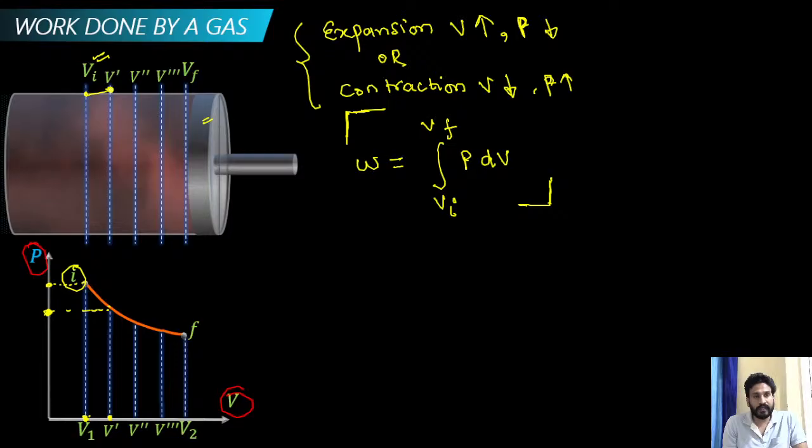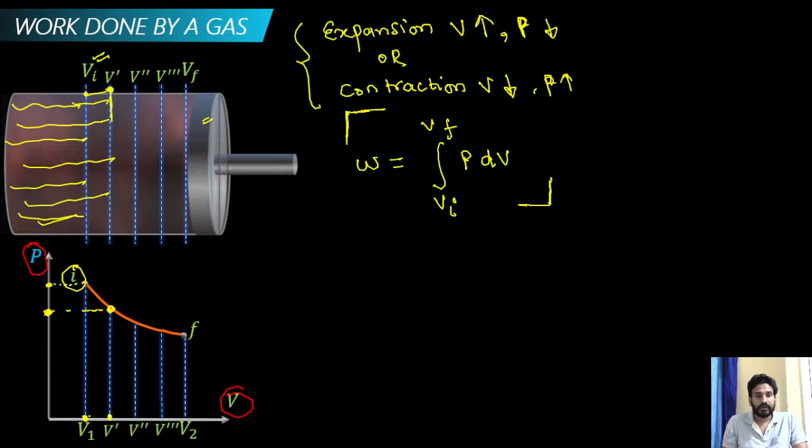From here to here, this is the volume. V dash is obviously greater than V1.